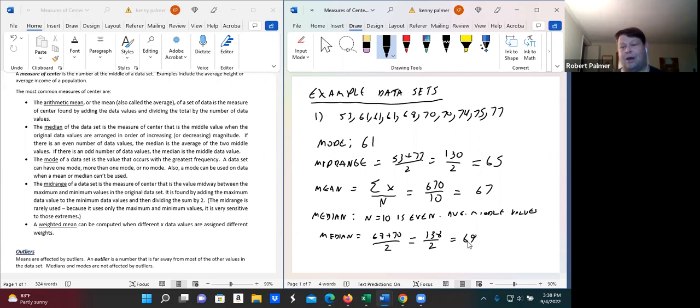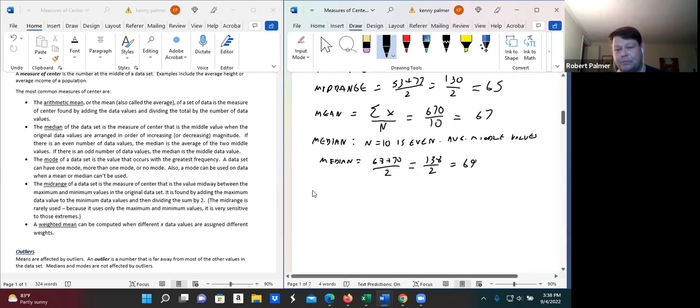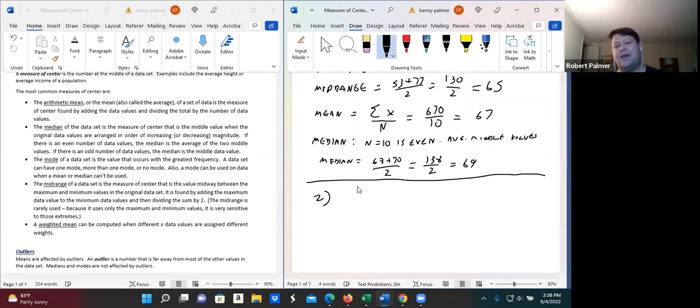Now, let's do a similar example, number 2. I'll do the same data set as number 1, but I'm going to include a value of 10.